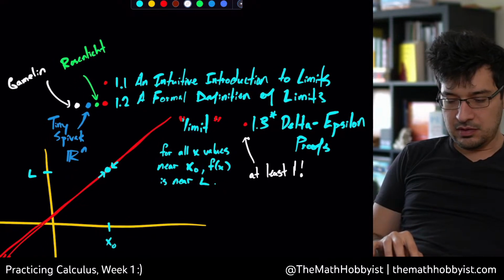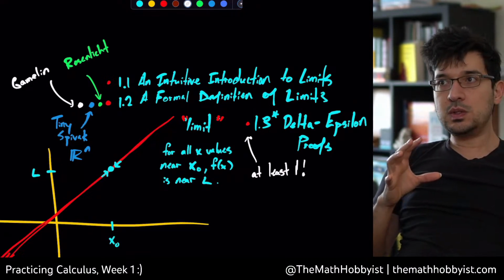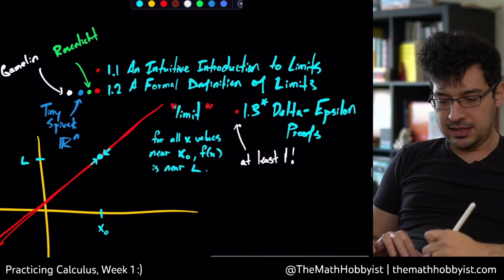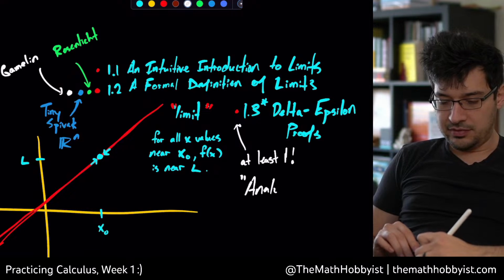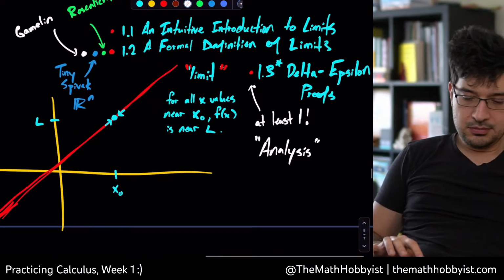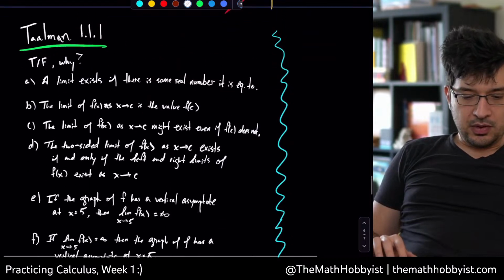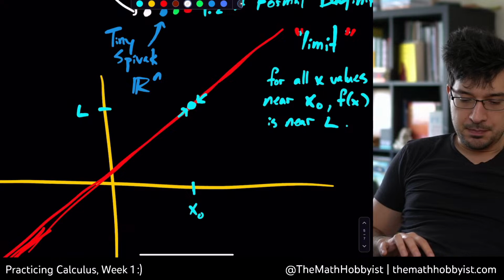So this is going from engineering calculus to theoretical calculus. And theoretical calculus can be called analysis, if you want to give it a different name. But, you know, you do you. Okay, so there's a very squishy definition.